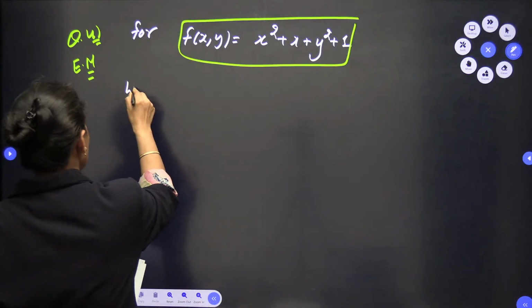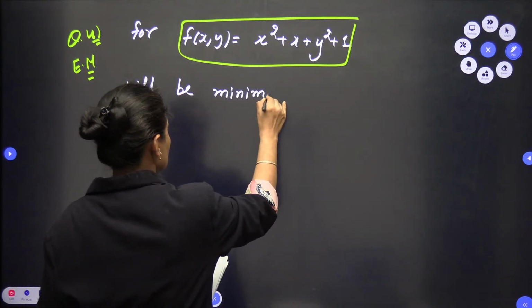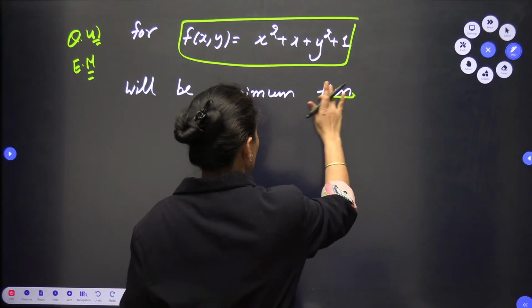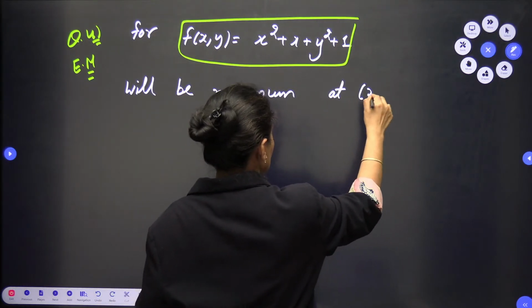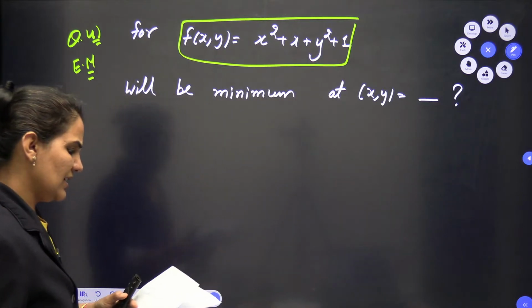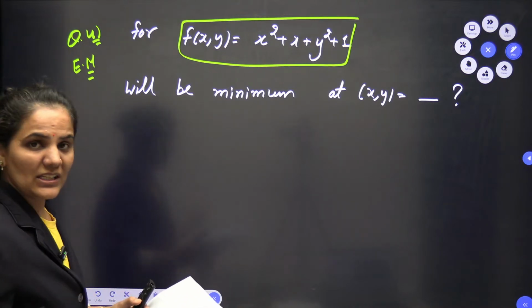And they are asking, if the function is minimum, then the value of (x,y) will be what?